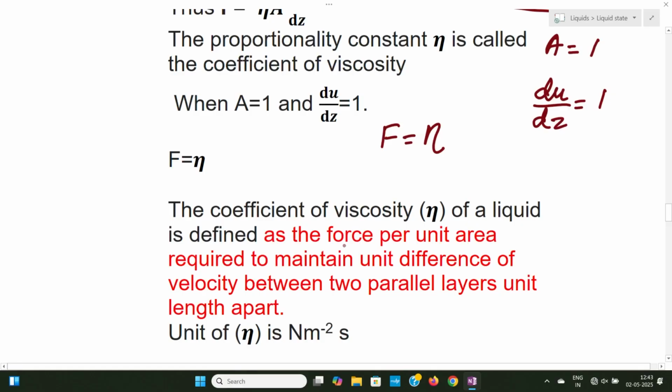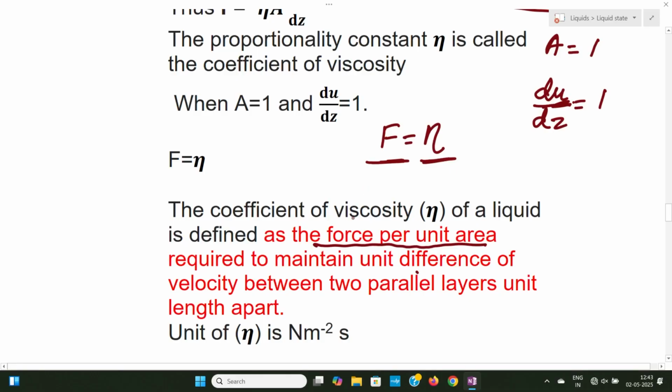It is defined as the force per unit area required to maintain unit difference of velocity between two parallel layers unit length apart.